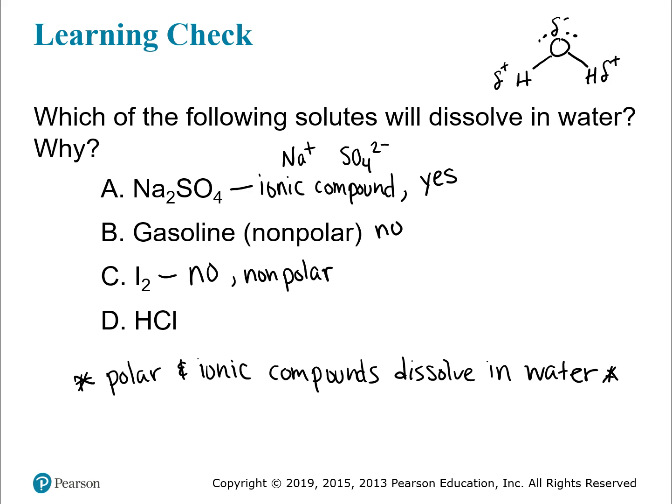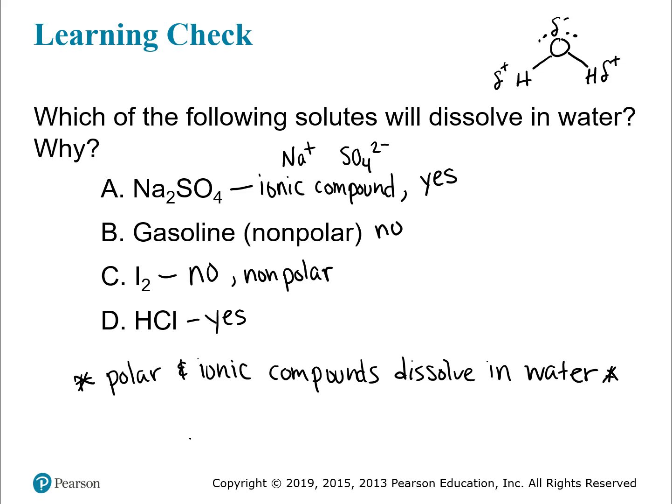Now what about this last one, HCl? Will that dissolve in water? Yes. We've got the hydrogen that will be attracted to the partial negative of the oxygen, and that chloride ion will be attracted to the partial positive of the hydrogen.